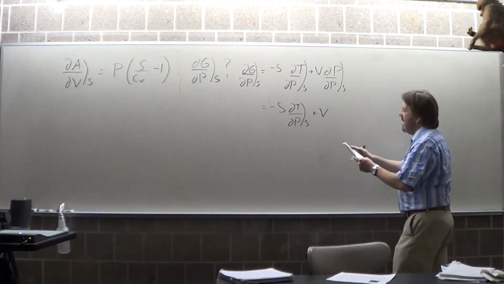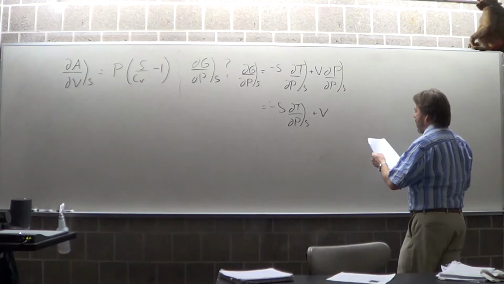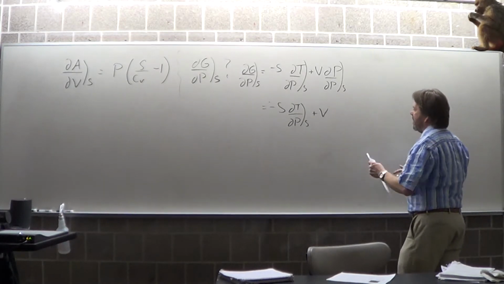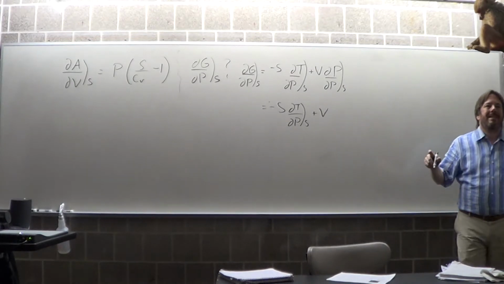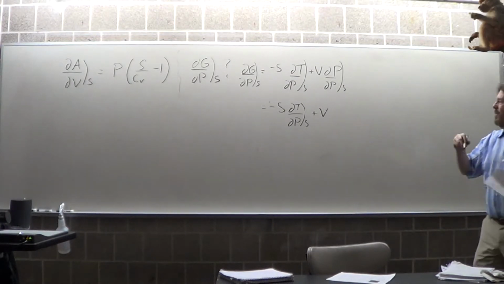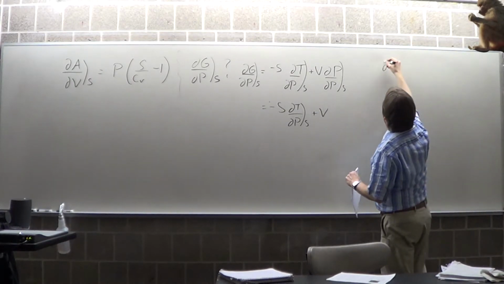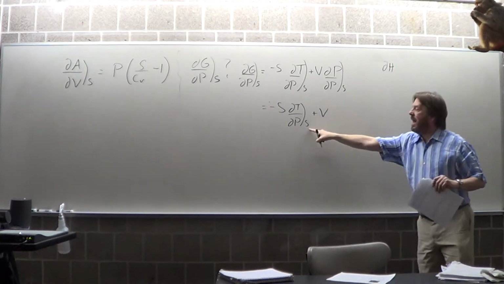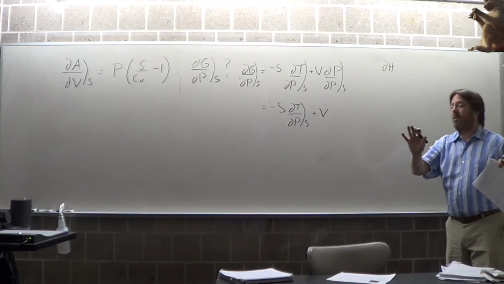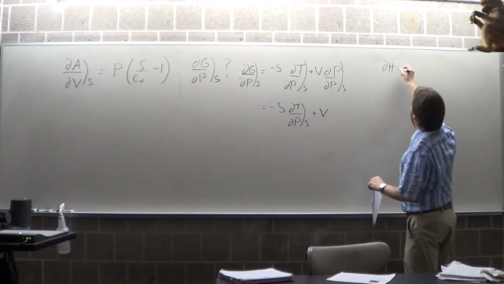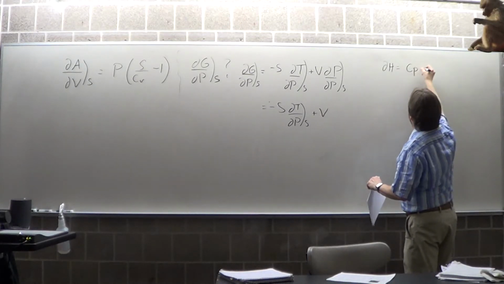I'm not going to leave you hanging. Okay, now, I want to rewrite this. I know I did it before, but I'm looking for something that has P and S as natural variables. Enthalpy, that's right. And since I'm doing an adiabatic reversible, I don't really expect you to remember this, all right, folks? This is way too hard. This is some of the hardest stuff I've ever figured out with this.